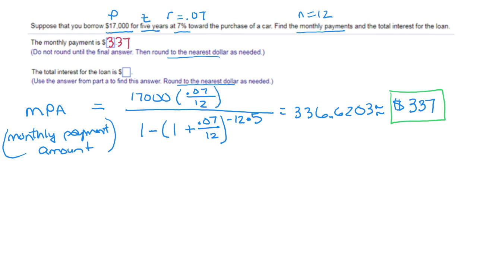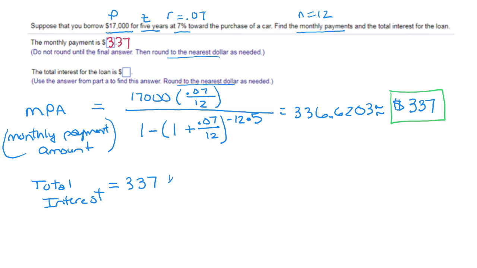All right. The second item that we need to find is the total interest. We want to know how much interest we're going to pay back for borrowing the $17,000. What we'll do is take the monthly payment amount, $337.